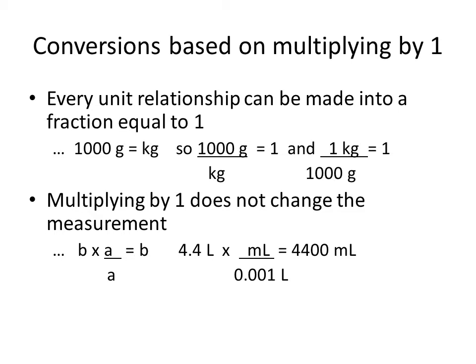And if you do that on your calculator right now, what you're going to get is 4,400. And notice the unit you get is milliliter, so you must write that. Don't ever forget to write your unit, because a number without a unit is meaningless. Okay, so let's go ahead and look at an example.